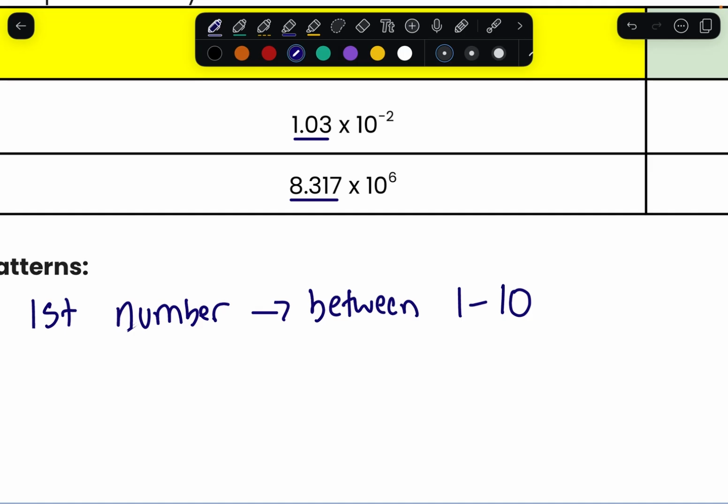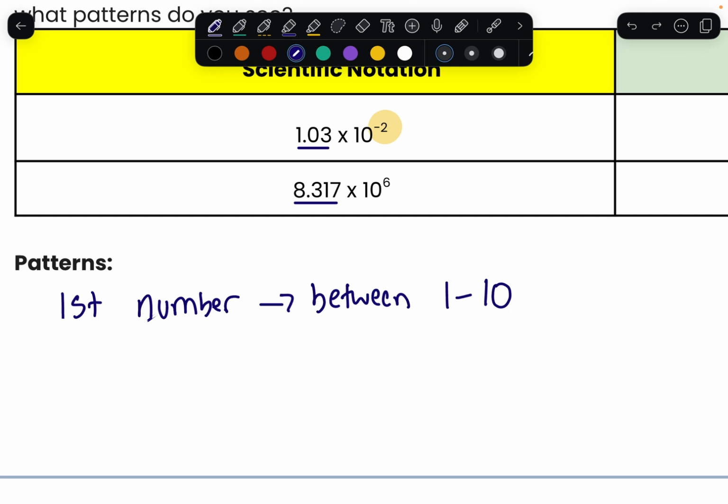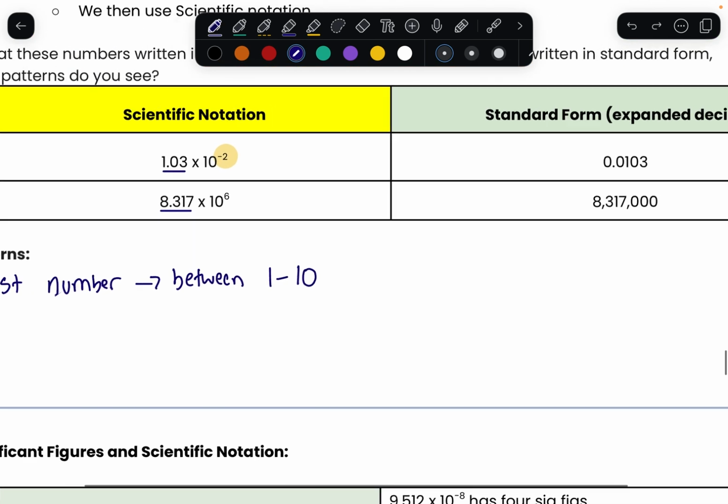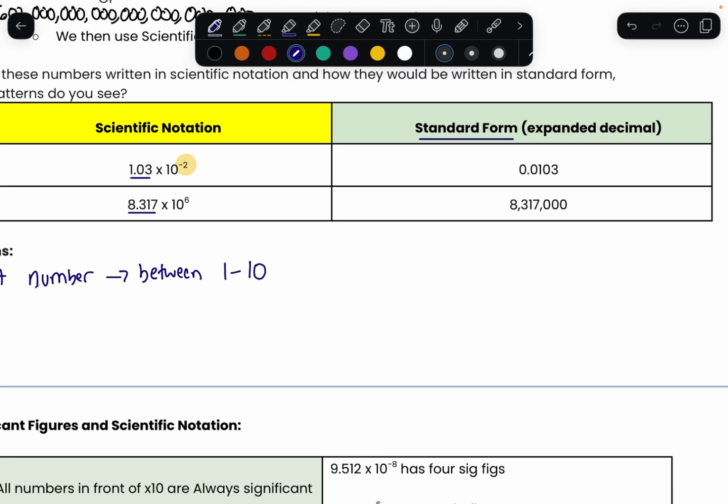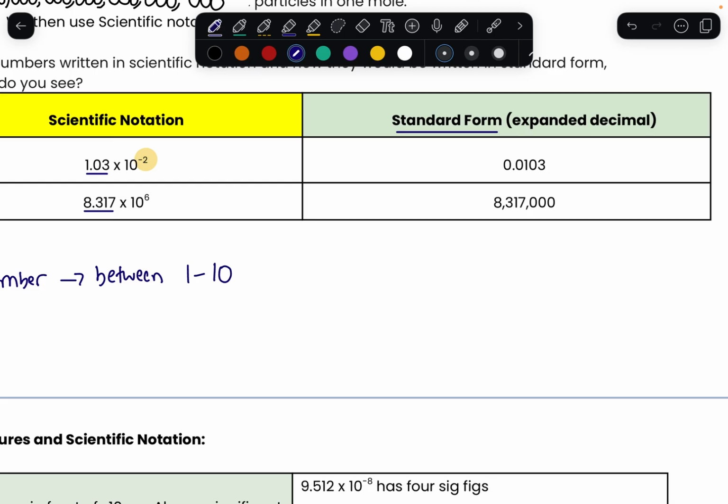The second thing is you'll notice that there is a certain power of 10 here. Now, on the top value, this power of 10 is -2. We can see the corresponding standard form number. This is the normal way you would see the number written, here to the left. This is also called expanded decimal form or decimal form. So this number to the left in the yellow column is the same as this number to the right.